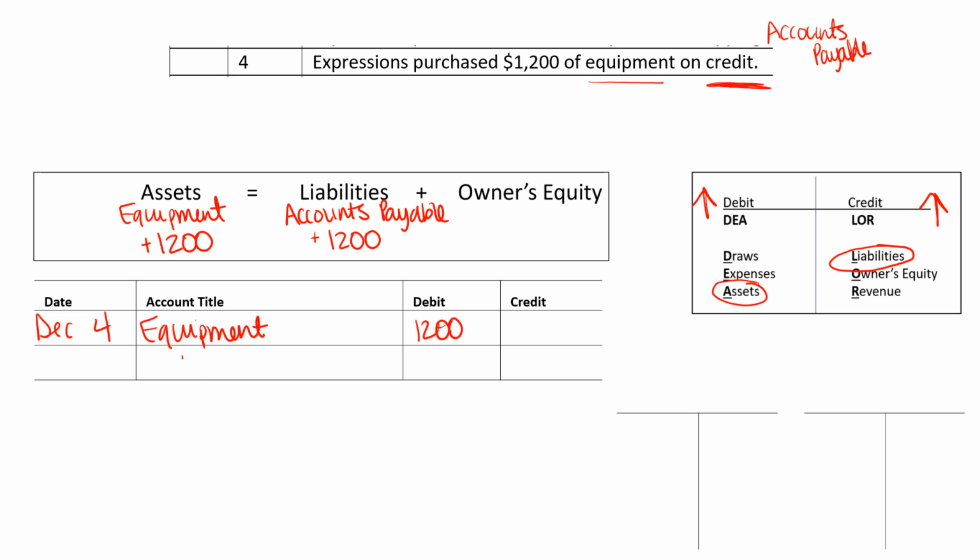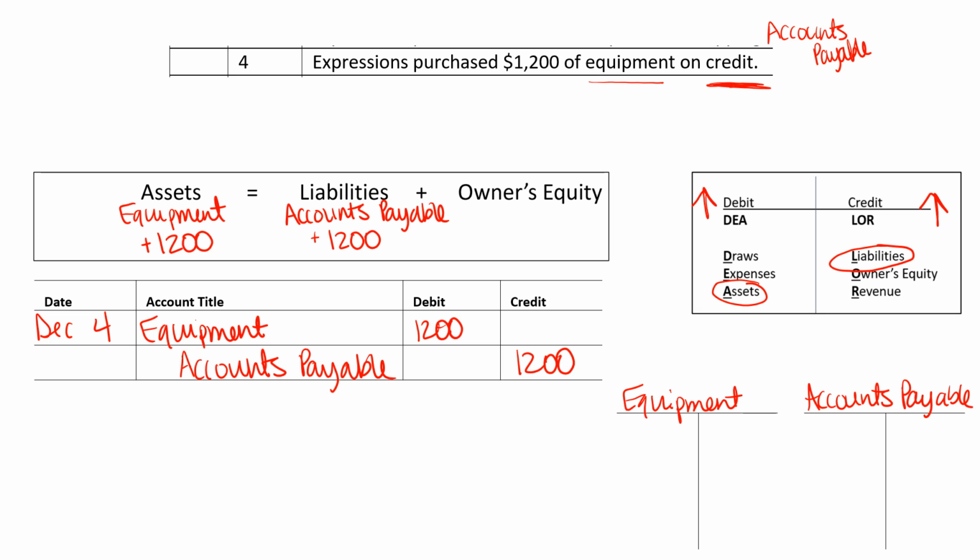So we credit accounts payable $1,200. For our T accounts, we have equipment and accounts payable. Equipment is debited $1,200 and accounts payable is credited $1,200.